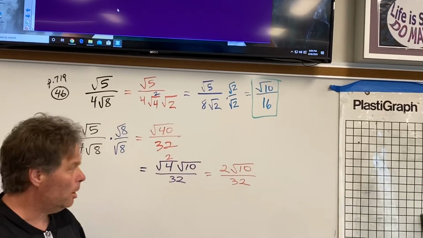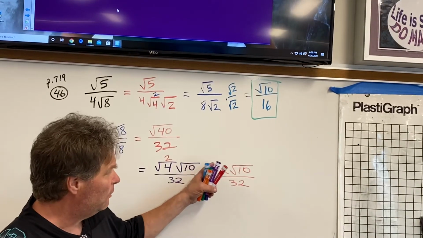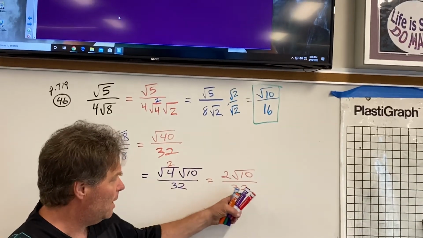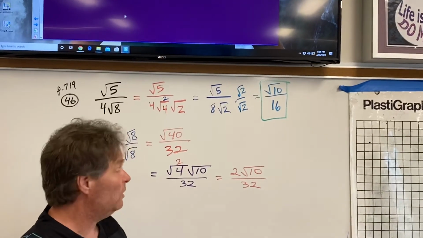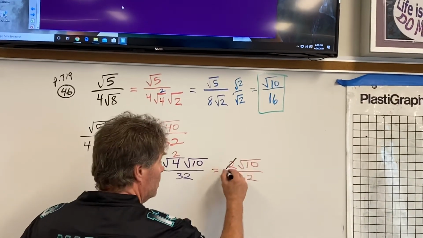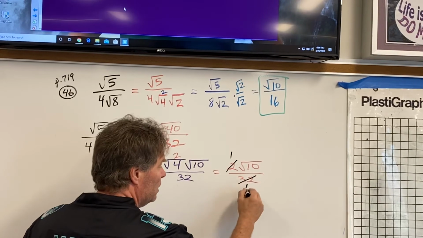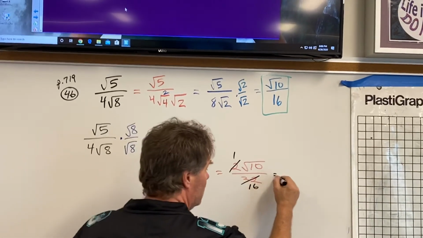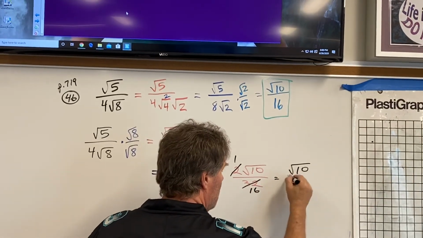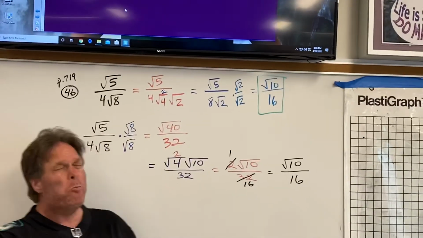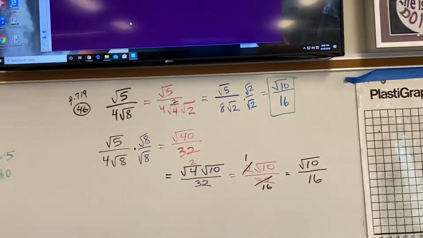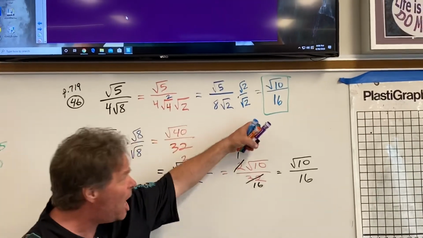But now, look, 2 is sitting outside of the radical. 32 is down here. They both have a 2 in common. So I do need to reduce at this point. I'll reduce it. This would be a 1, this would be a 16, they each have a 2, and I get root 10 over 16, and oh my gosh! I can't believe it!